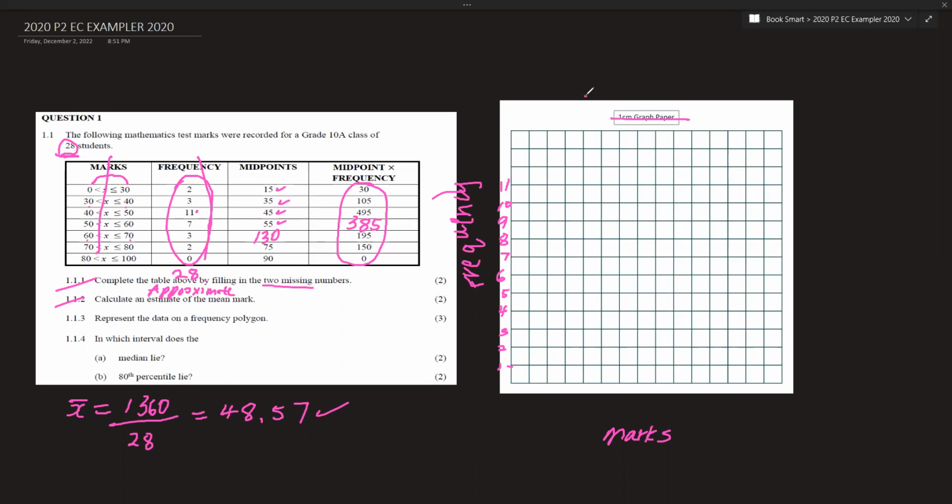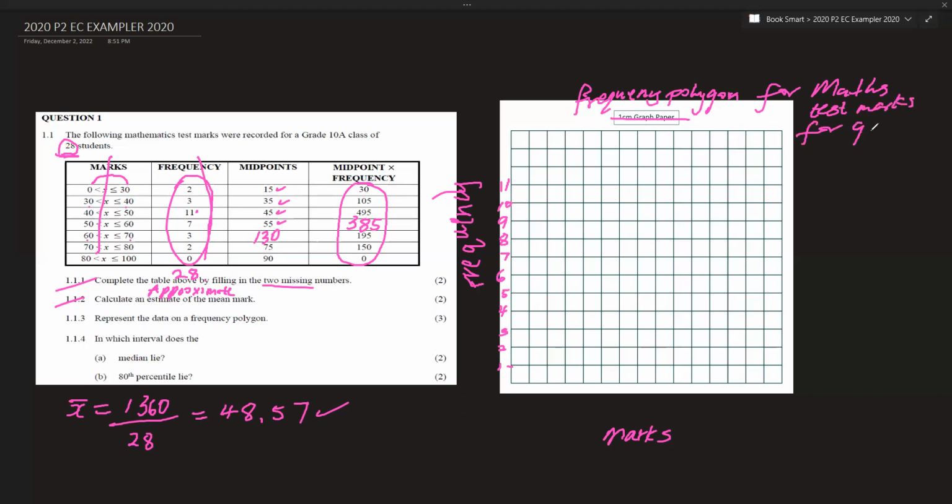You can say frequency polygon, or mathematics, or you can just say maths test marks.